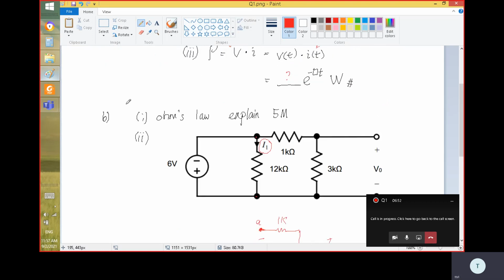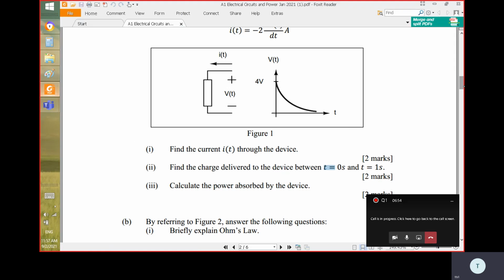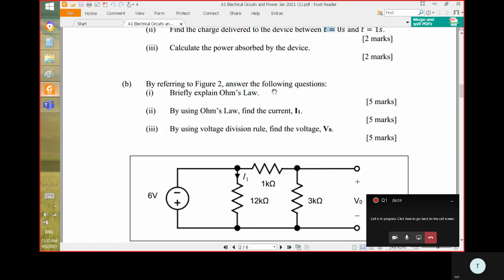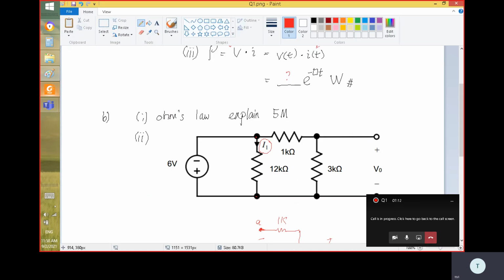All right. For section B, number 1, you are asked to explain Ohm's law. This is in your notes, so you can refer to your notes. Take note that the mark is 5 marks, so you need to explain at least 5 sentences.